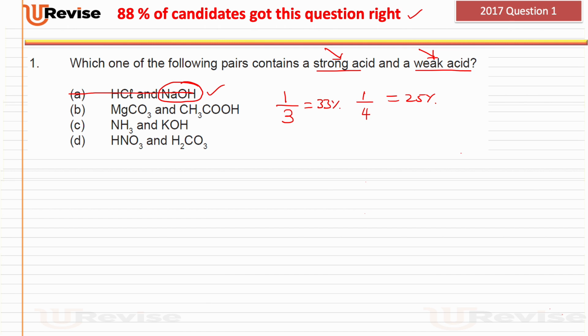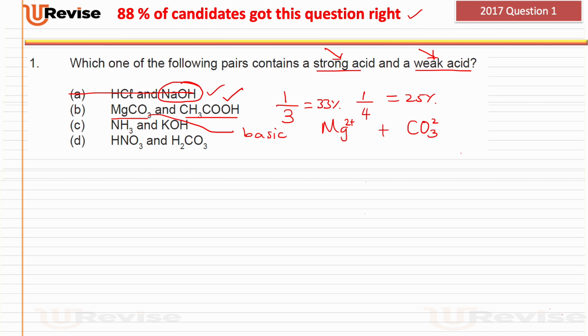Now let's take a look at answer B. We've got magnesium carbonate and acetic acid. Now acetic acid is a weak acid, and magnesium carbonate is actually a carbonate, but it's basic. Why is magnesium carbonate basic? Magnesium carbonate is made up of magnesium ions and carbonate ions.